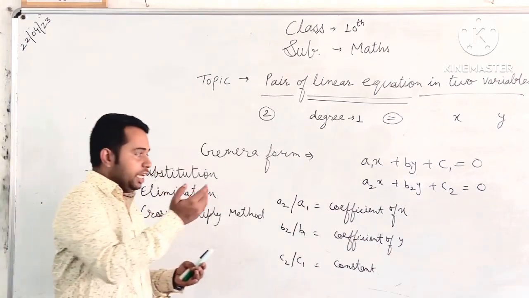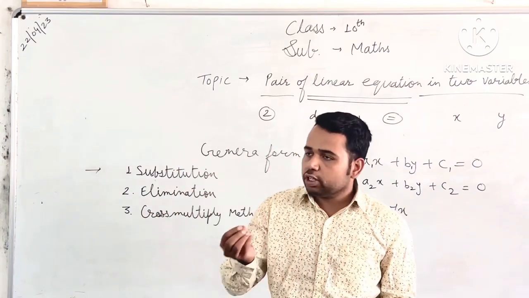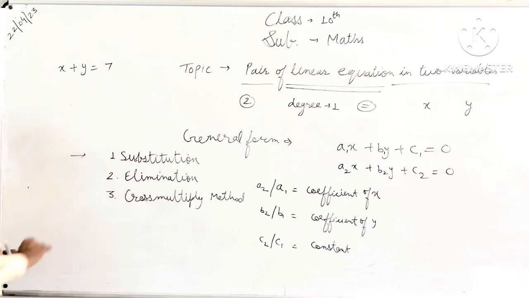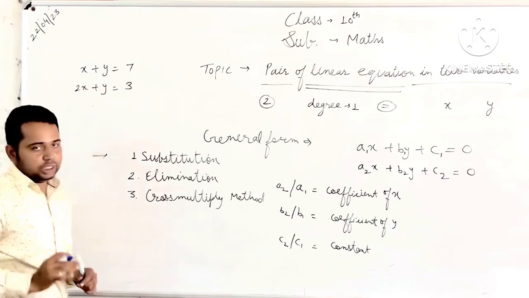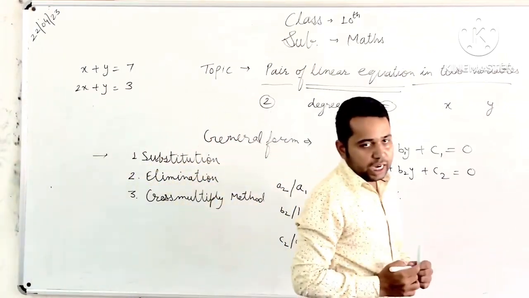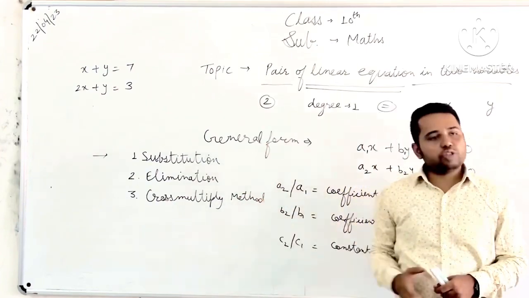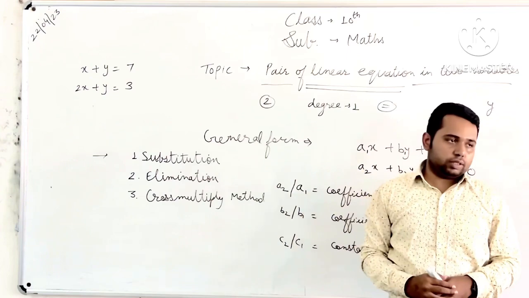First we take any value from one equation. For example, x plus y equals 7. The second equation is 2x plus y equal to 3. This type of equation will come in our question, and we have to solve by substitution, elimination, and cross multiply. But firstly, we will talk about the substitution method.